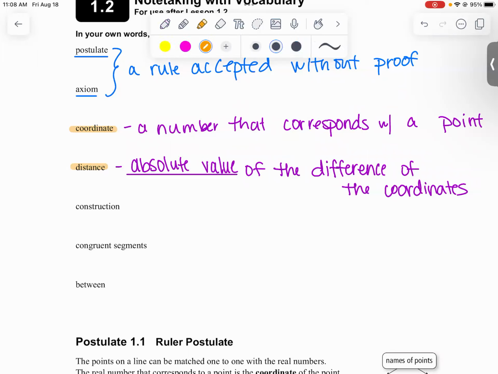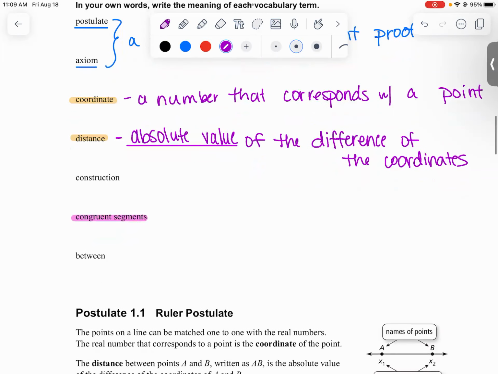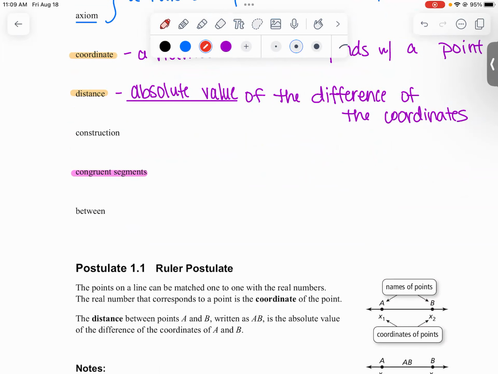Now, congruent, have you ever heard the word congruent? What does it mean? That's adjacent, not next to each other. That's not adjacent. So congruent segments would be line segments that are the same length.